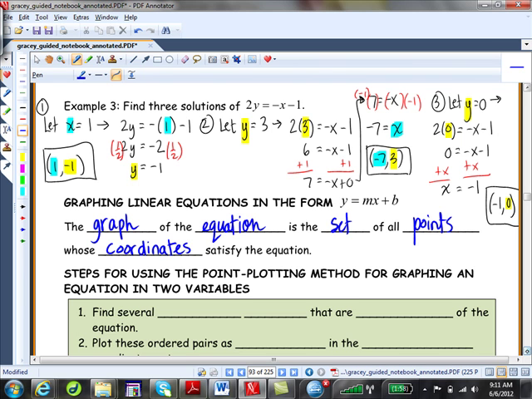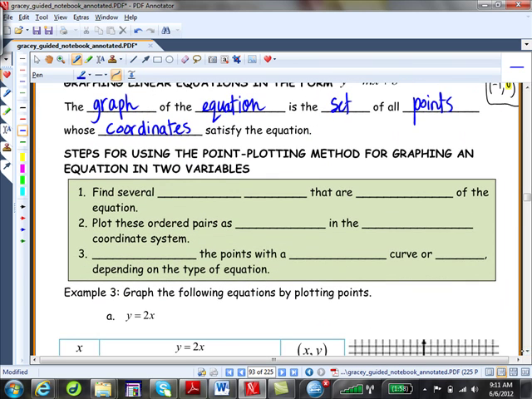So here's some steps. Just like we did in the prior example, we find several ordered pairs, and remember, a line is straight. So if you've got one that's a little off kilter and the other ones all fall on the same straight line, you should double check your math on that one.